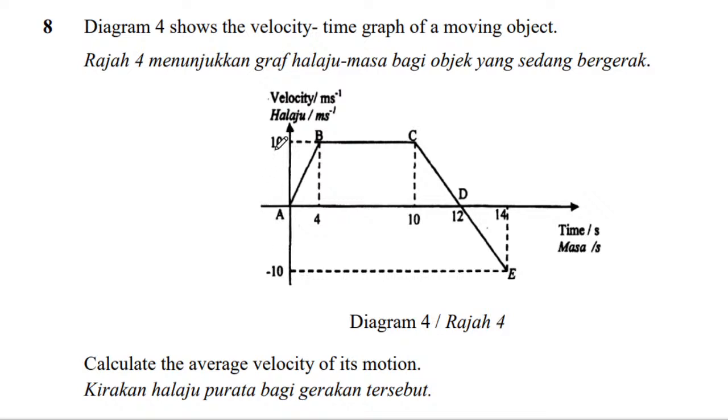Let's say positive is to the right, so negative will be moving to the left. That's why we have two sides. Now, look at the question. They ask you to calculate the average velocity of its motion.